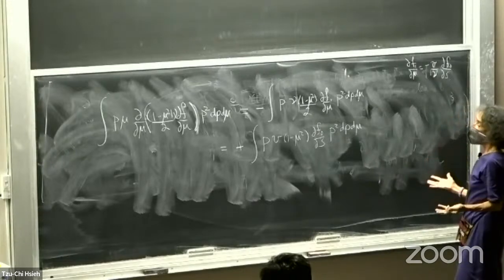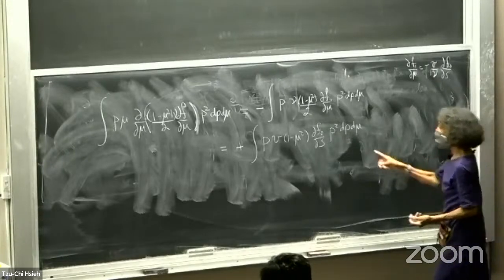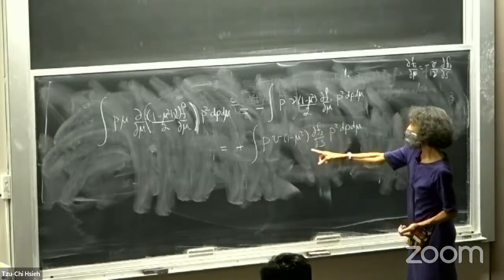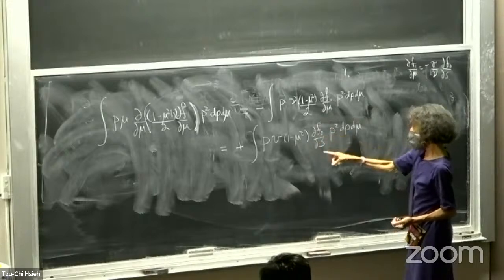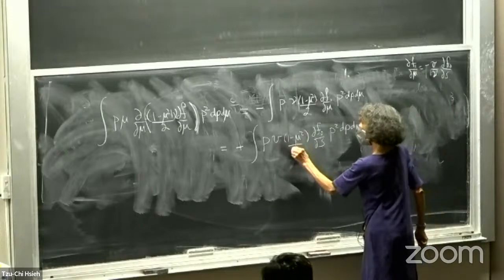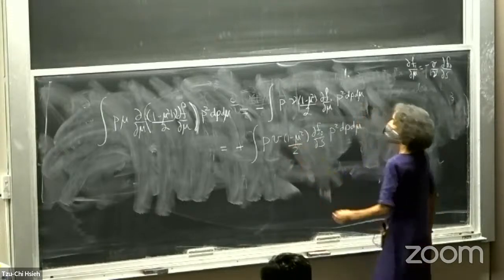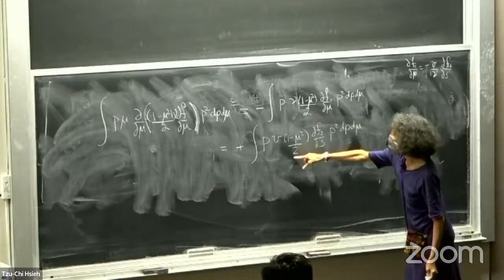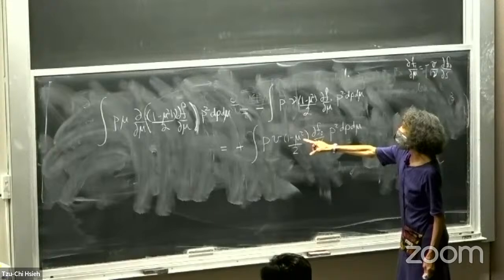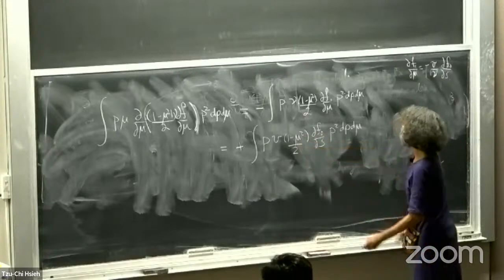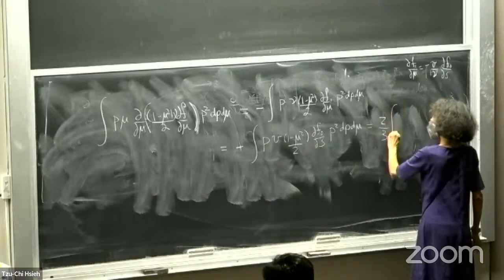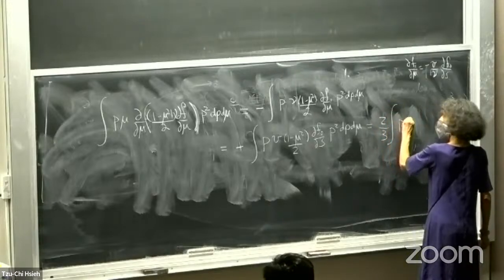And f naught is independent of mu, so we can do the integral over mu. So the integral from minus 1 to 1 of 1 minus mu squared, there's a 2 here, over 2. If we integrate the 1, we get 2, we divide by 2. If we integrate the mu squared, we get 2/3, we divide by 2, we get 1/3. So that is 2/3 times the integral of pv.